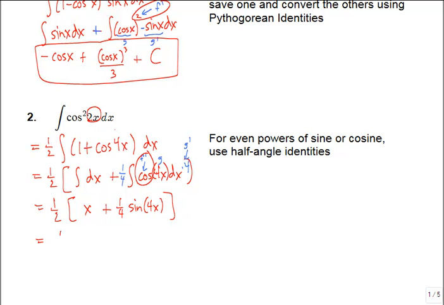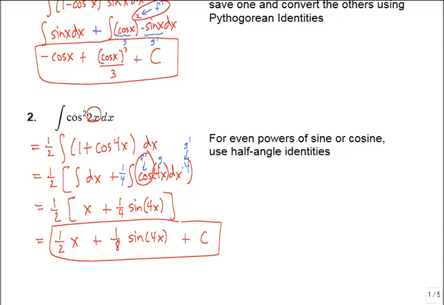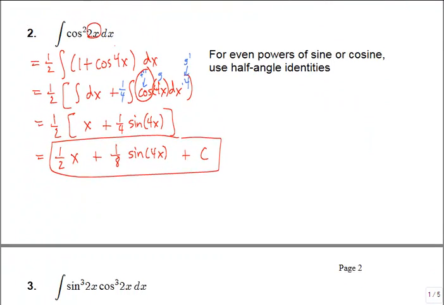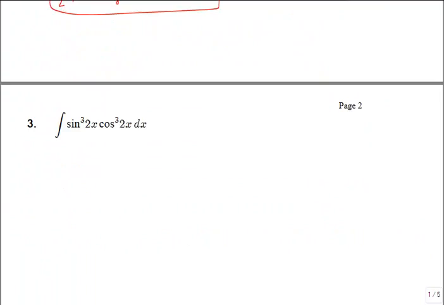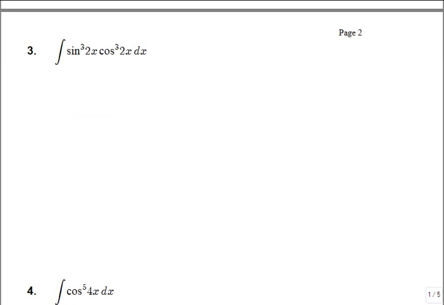Let me go ahead and distribute my 1/2 across. 1/2 x plus 1/8 sine of 4x. And there's no more integrals, so we can put on our plus c, and we have our antiderivative. So for even powers of sines and cosines, you're going to use those half angle identities.